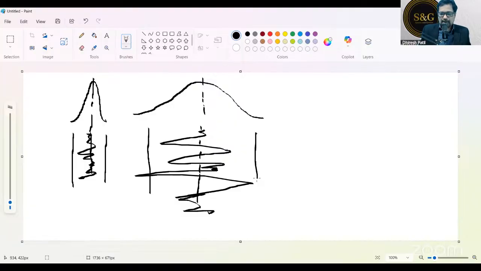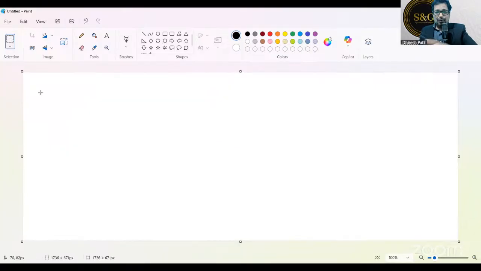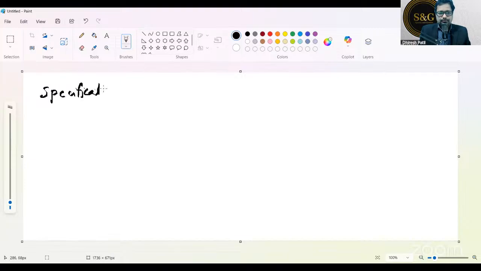So now let's find out the differentiating factors of specification limit and control limit. Let's plot it. So specification limit, and you can just draw a line like this and you have control limit.